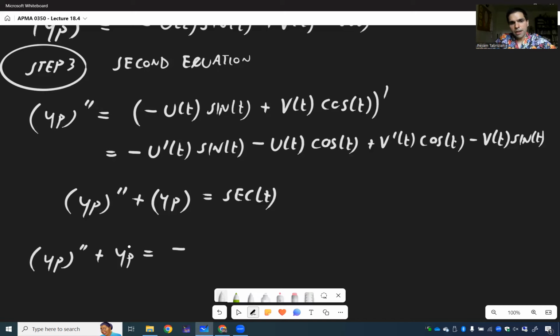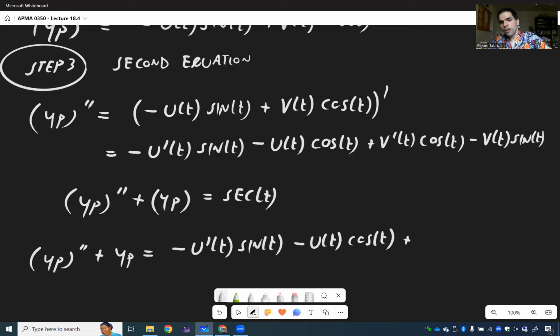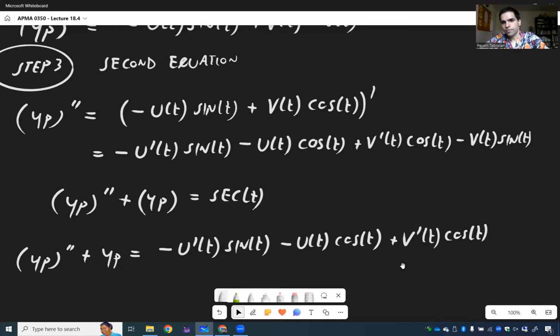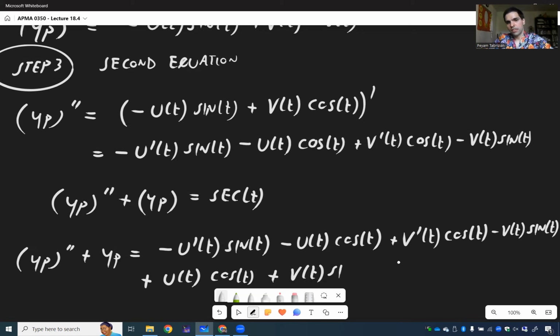So this becomes minus u prime of t sine of t minus u of t cosine of t plus v prime of t cosine of t minus v of t sine of t. That's yp double prime. And now yp is just u of t cosine of t plus v of t sine of t. Right, that was our original assumption.